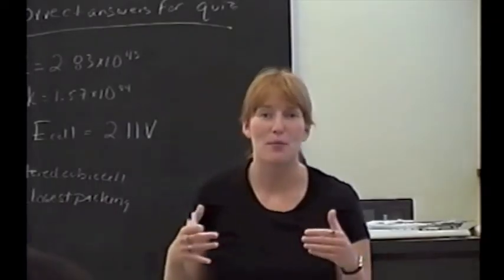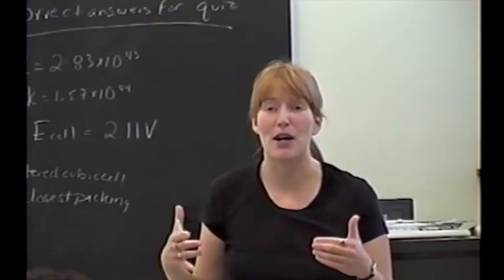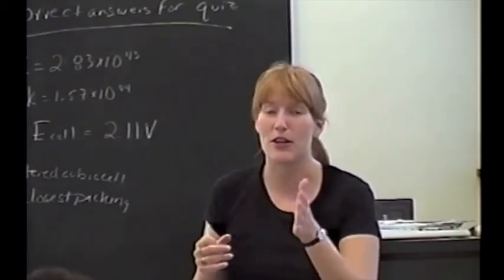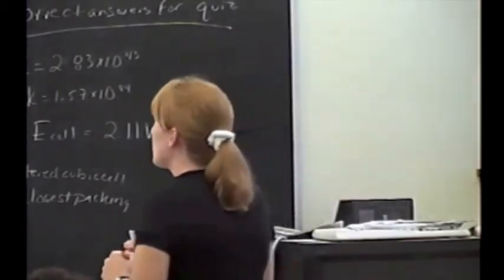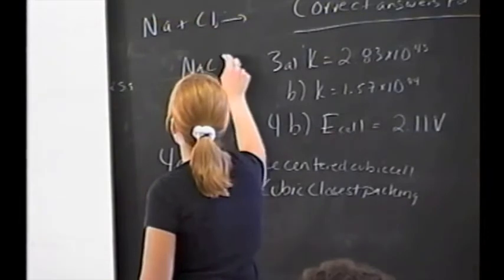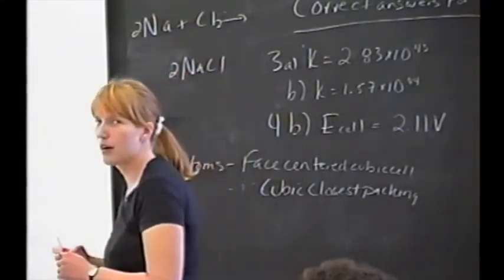What happens in covalent bonding? Electrons are shared. Ionic bonding involves a transfer to the other element. Very good. Electrons are lost, right? In this case, the solid will lose its electrons to chlorine and it'll form NaCl. We want to balance it, and that's how it's balanced. Does that make sense?